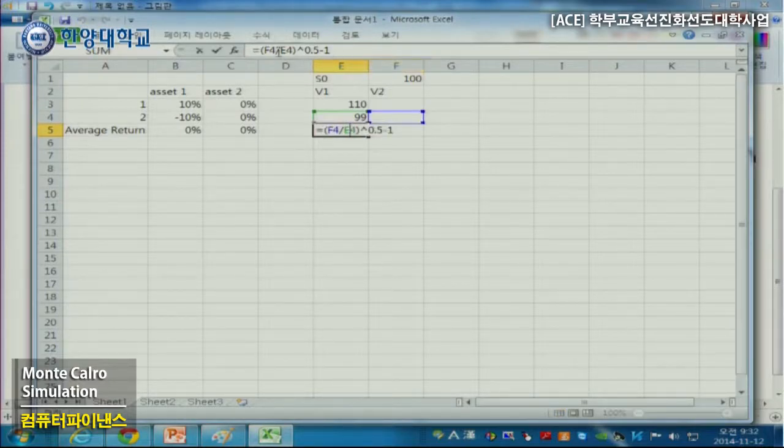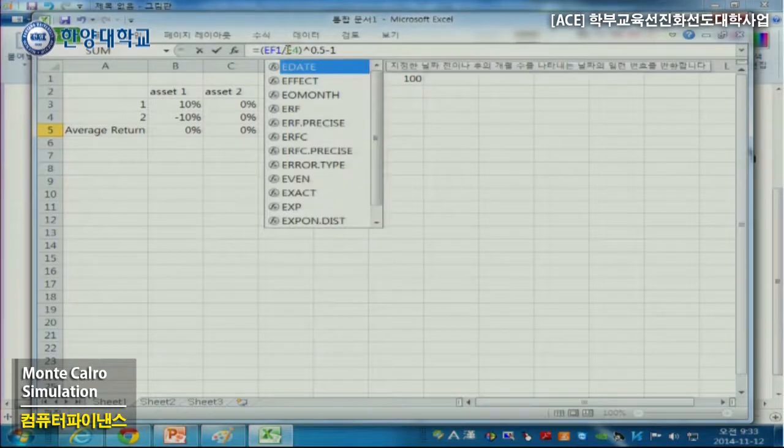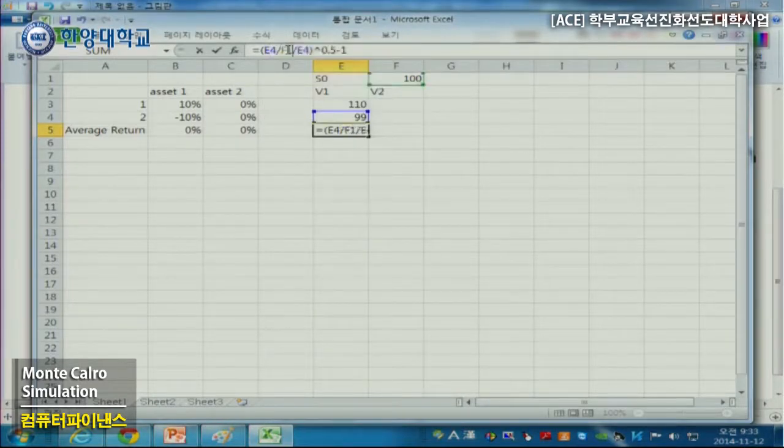So basically, we are losing money. It is plus 10% minus 10% for your money.